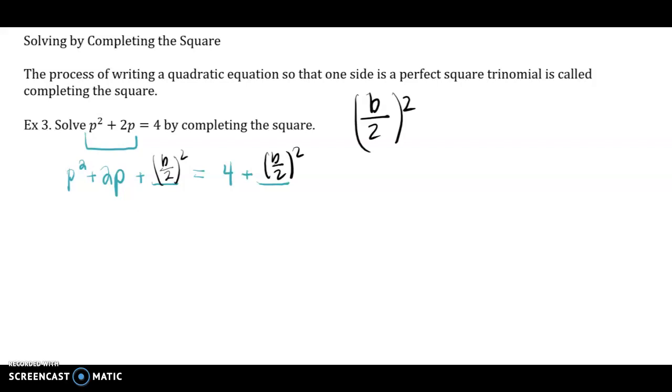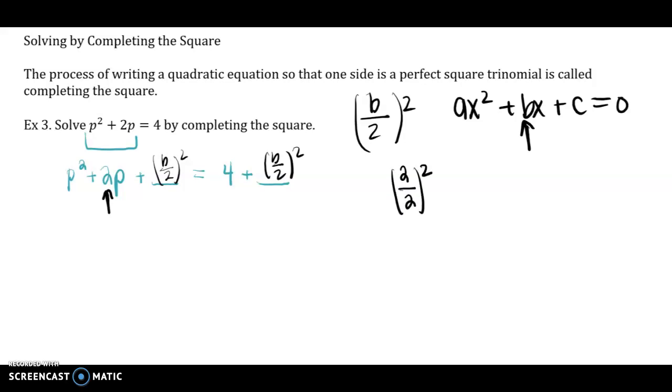Remember that our format is ax squared plus bx plus c equals 0. So the b is the number in front of the x, or in this case it's a p. So that would be 2. I like to do that work on the side. So 2 over 2, and then squared.